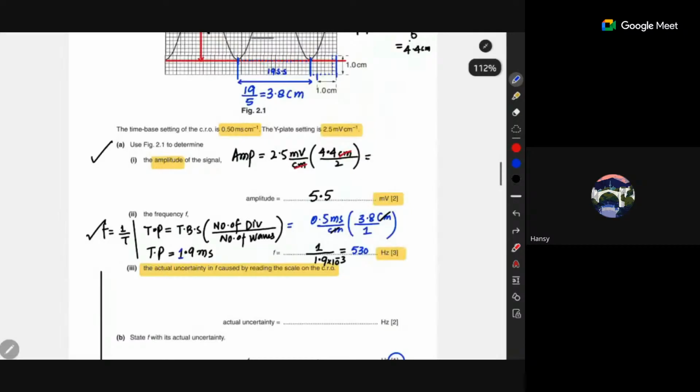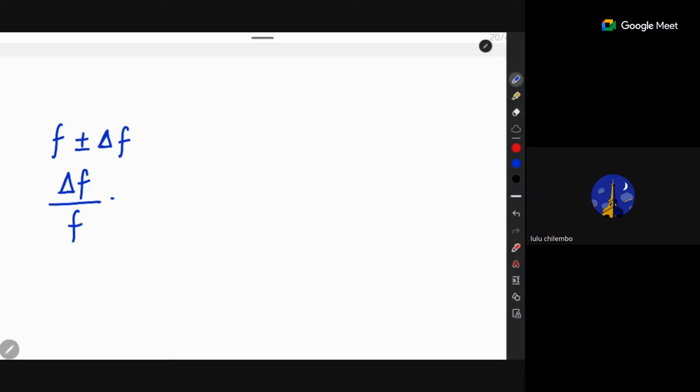But basically, once I move to this point, delta f divided by f equals something. Why is there uncertainty in this? Lulu, can you tell me? Sorry, what's your question? The uncertainty.